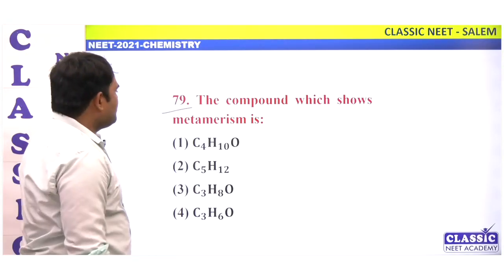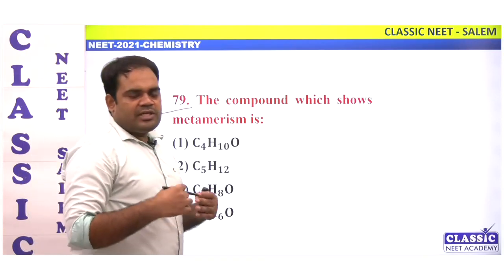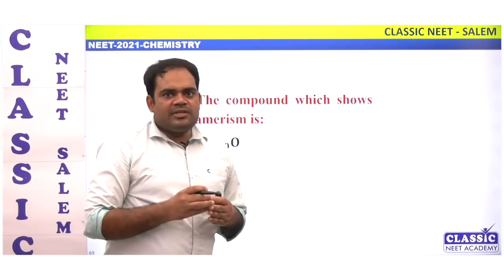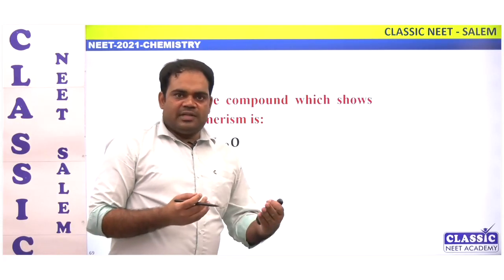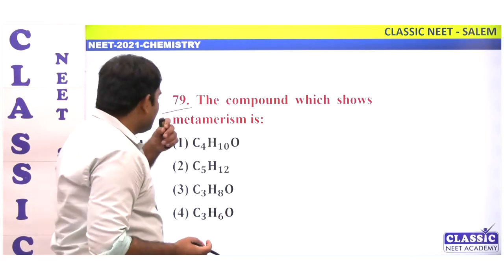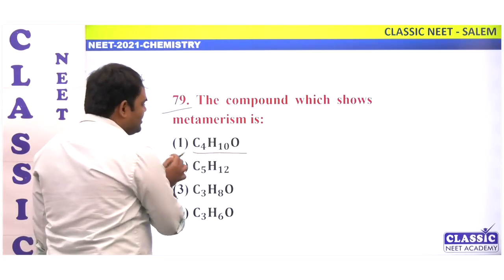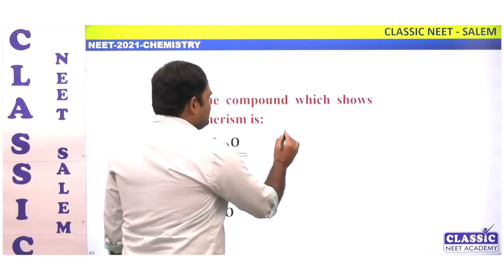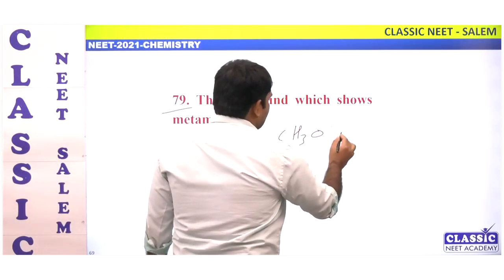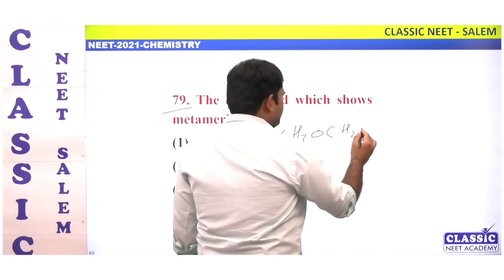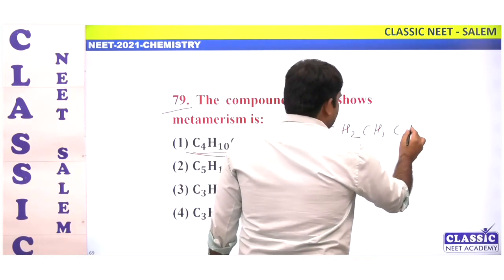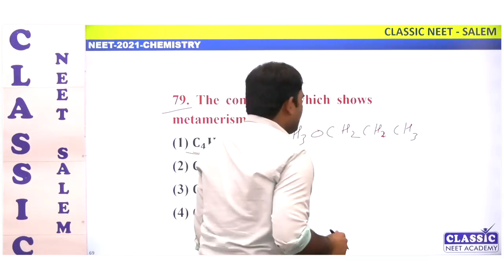79. The compound which shows metamerism. Ethers show metamerism, and ketonic groups also show metamerism. So we are going to check that. Look, actually the first one is our ether, CH3O CH2 CH2 CH3.